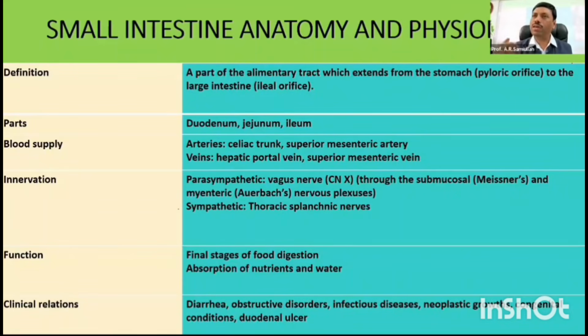The stomach can retain food for nearly 4 hours, or 4 to 5 or 6 hours maximum. Later it is natural to feel hungry, because the stomach has emptied and the food has gone to the small intestine. Remember, the small intestine is the place where food is stored for the maximum time.